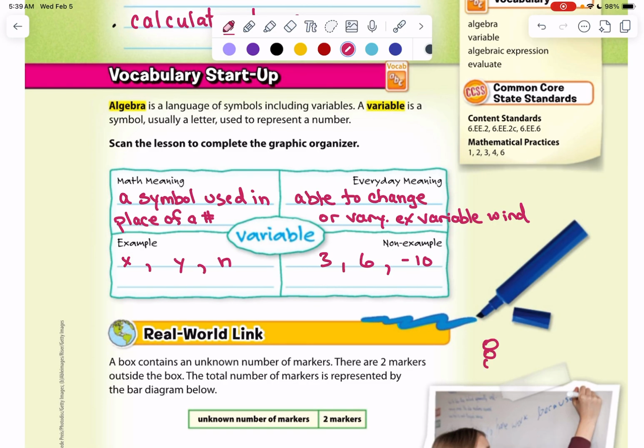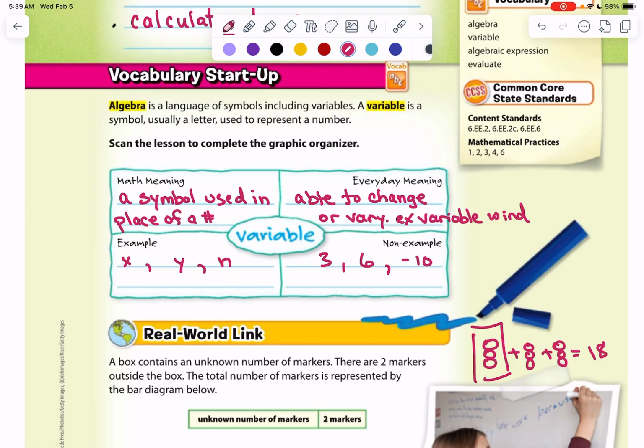If you have a snowman plus a snowman plus a snowman, and that all equals 18, what is each snowman worth? 6, right? Because 6 times 3 is 18, or 6 plus 6 plus 6 is 18. We could refer to a snowman then as a variable because it's a symbol that represents a number.